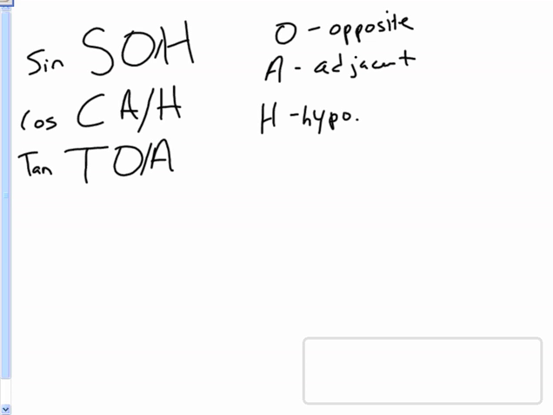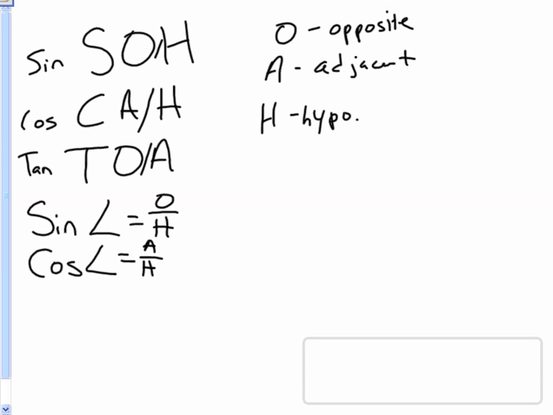What all this means is the sine of the angle is equal to the opposite divided by the hypotenuse. The cosine of the angle is equal to the adjacent divided by hypotenuse. And the tangent of an angle is equal to the opposite divided by the adjacent.